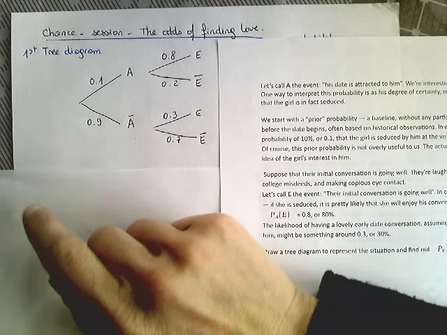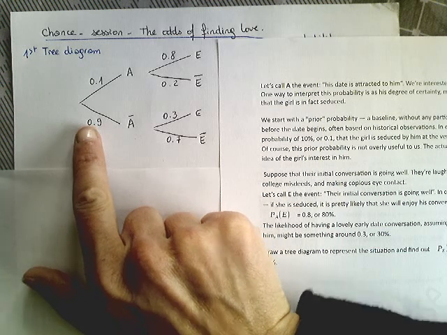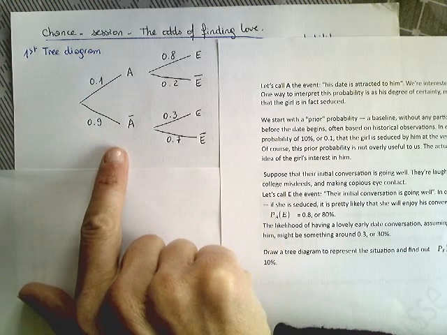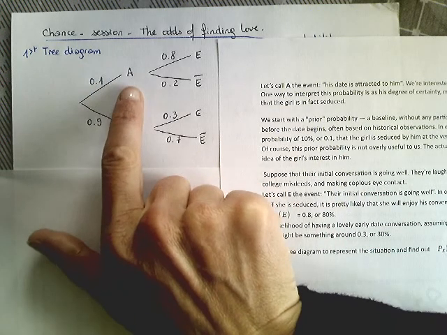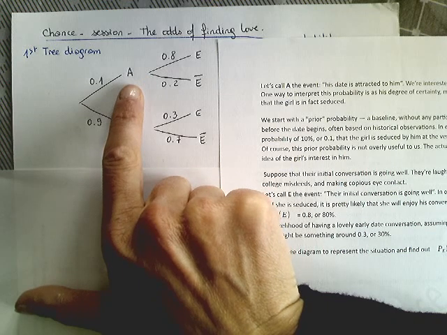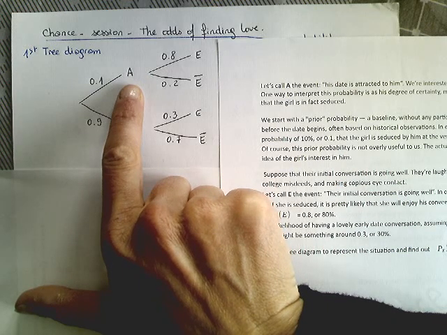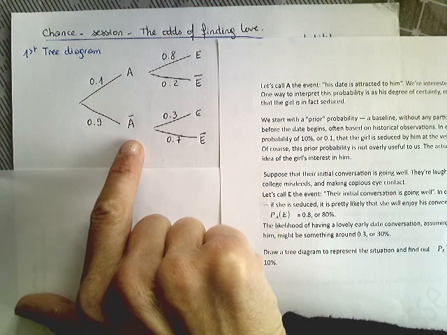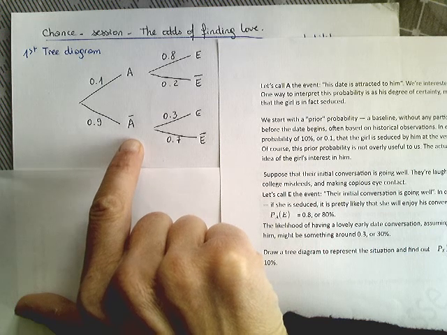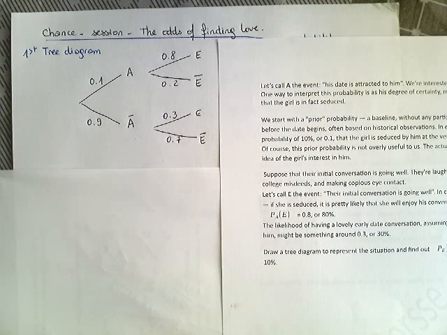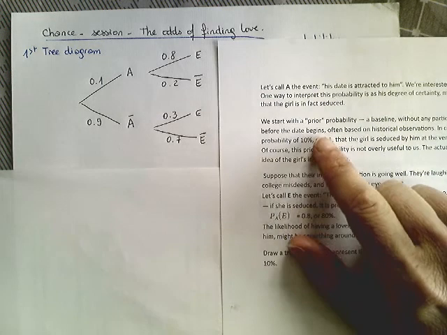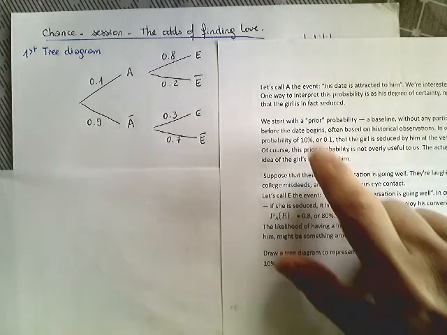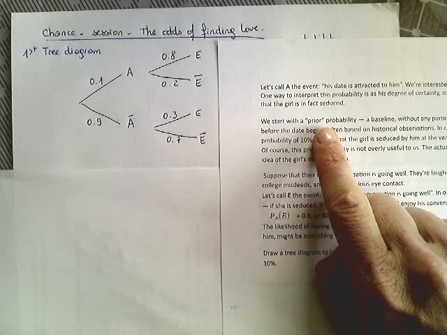So we start with a tree diagram, starting with a double branch. The first one leads to the event A: his date is attracted to him, and the second one to the complementary event, not A. In this exercise, we start with the prior probability.